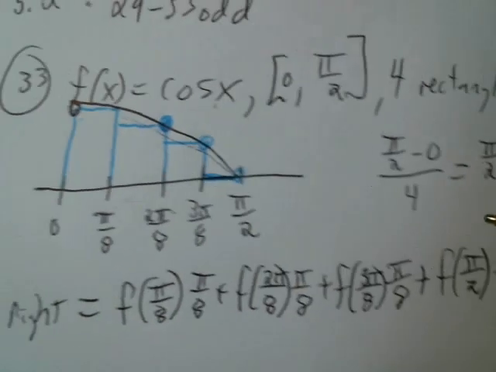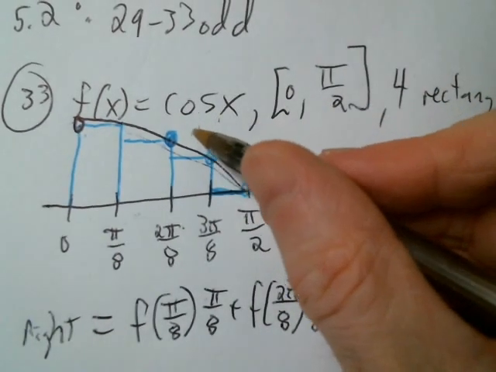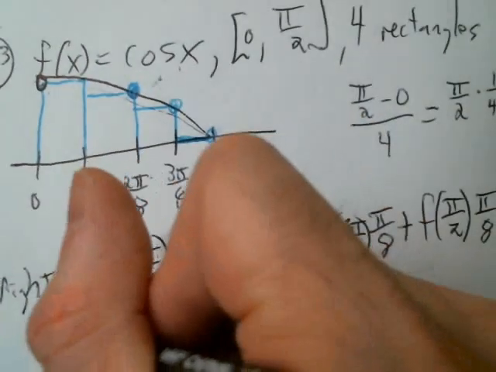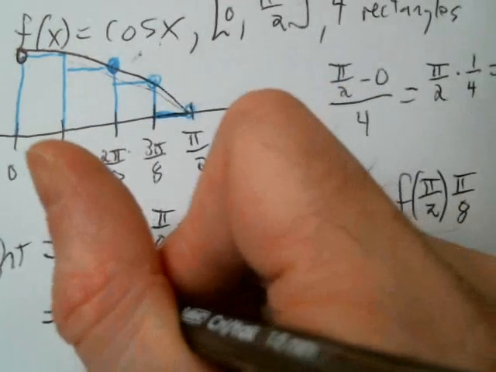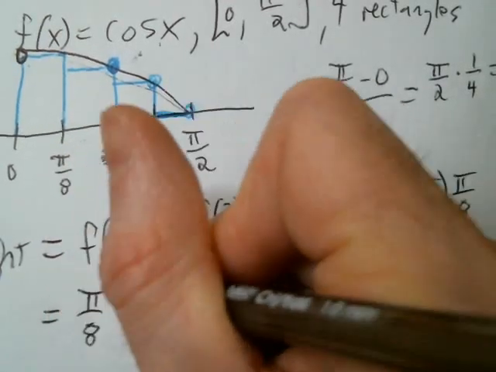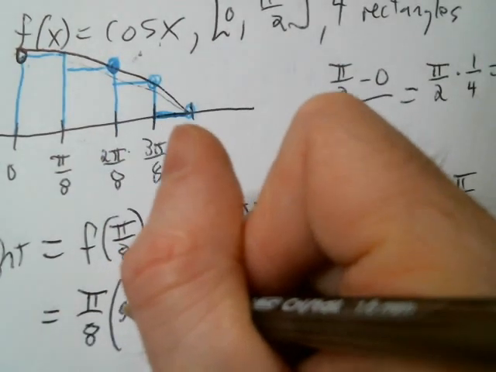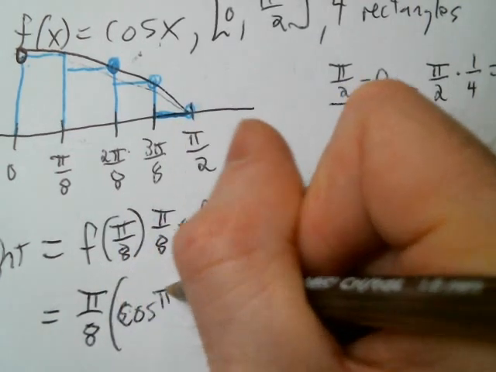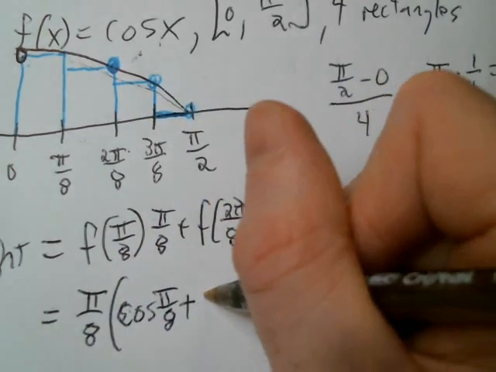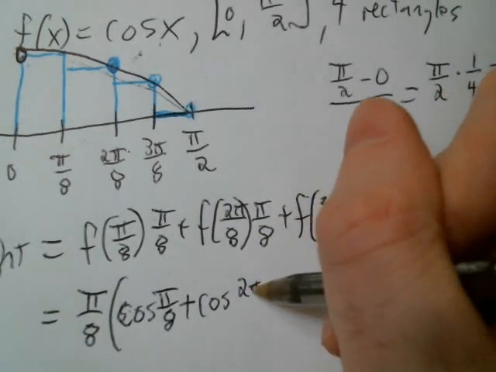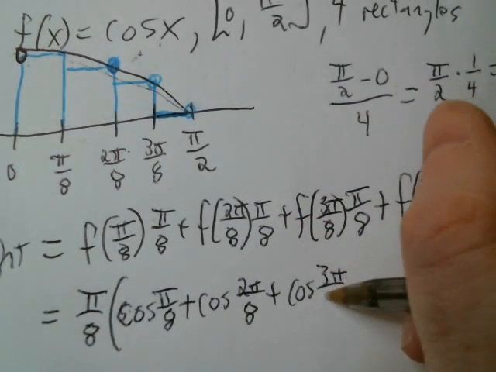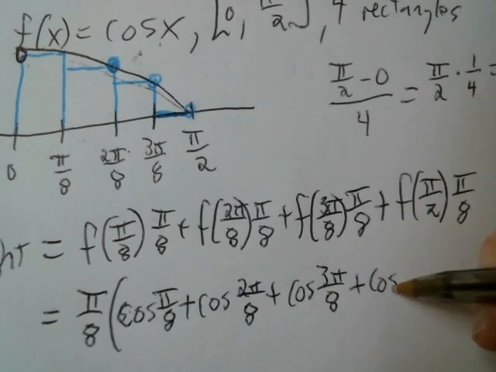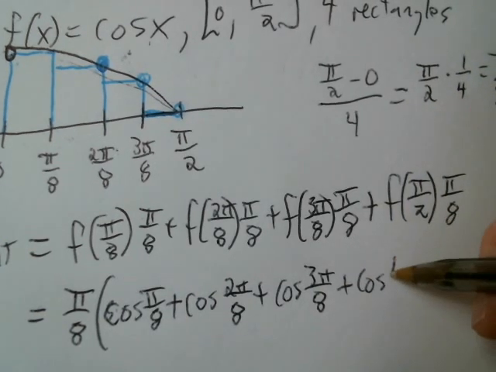Okay? And you're plugging all this into this function right here. You could factor out the pi over 8. There's a pi over 8 factor in each term, so this is the same as pi over 8 times cosine of pi over 8 plus cosine of 2 pi over 8 plus cosine of 3 pi over 8 plus cosine of 4 pi over 8, which is pi over 2.